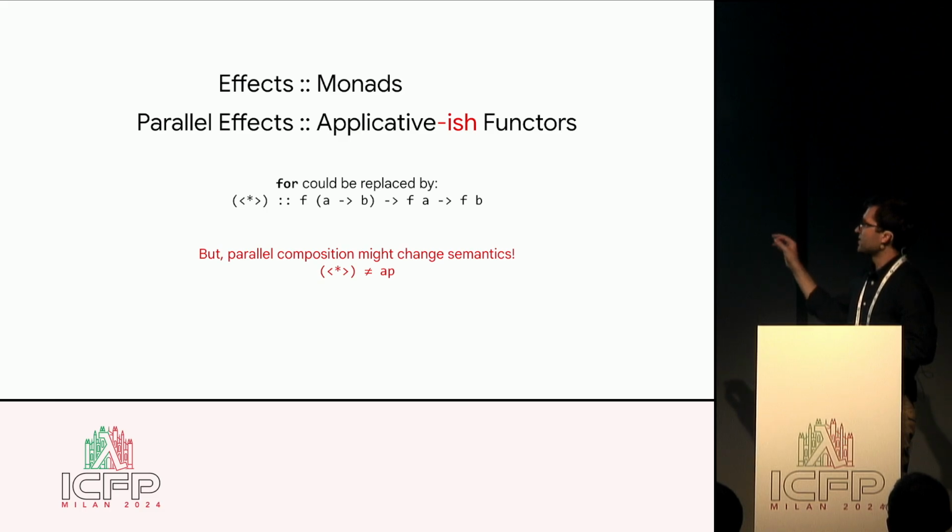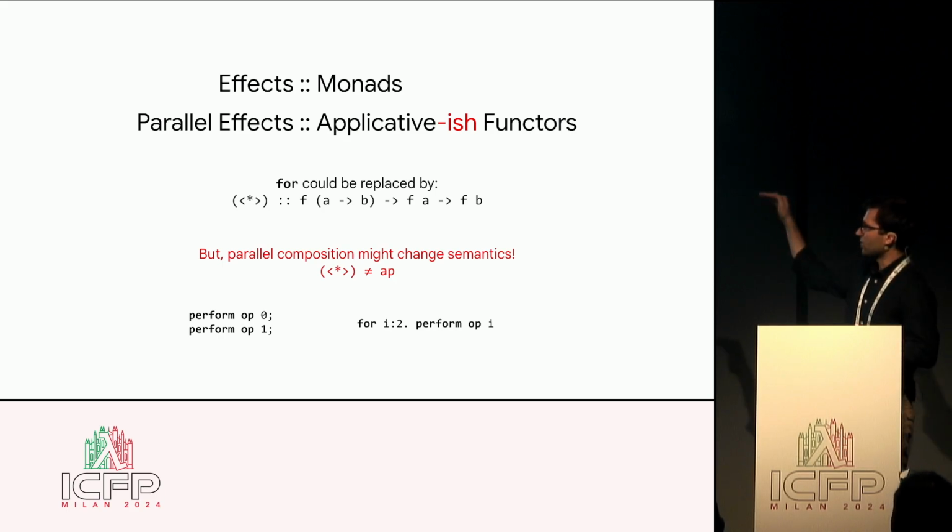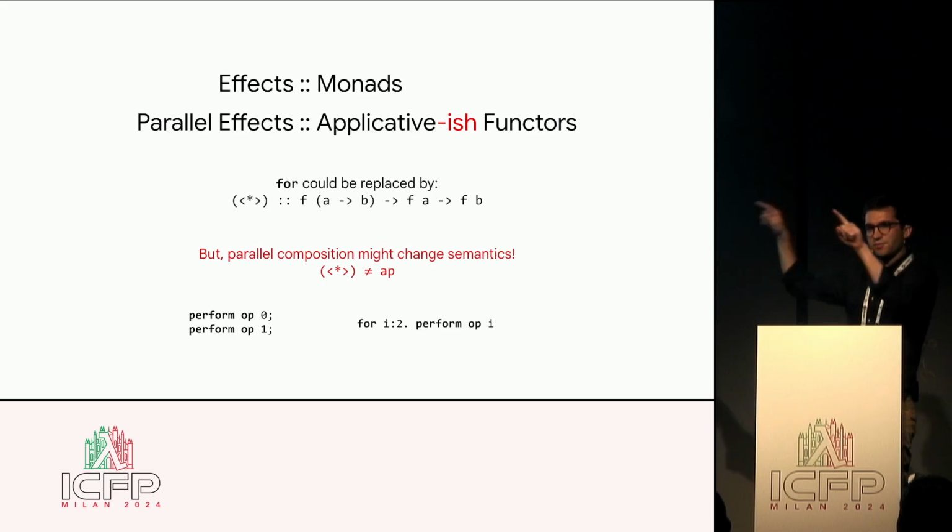The problem is that there are some applicative laws that connect applicatives and monads, and the parallel composition might not satisfy them. As you saw, if you perform 2 ops in sequence versus if you binarily split the program into 2 parallel operations, those 2 programs might not mean the same thing.